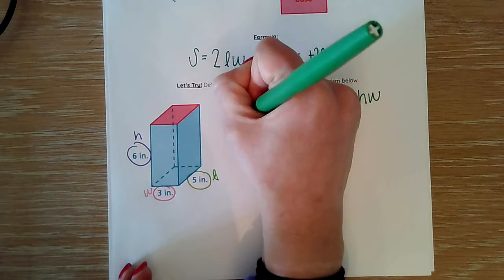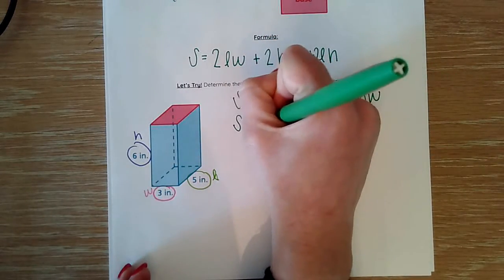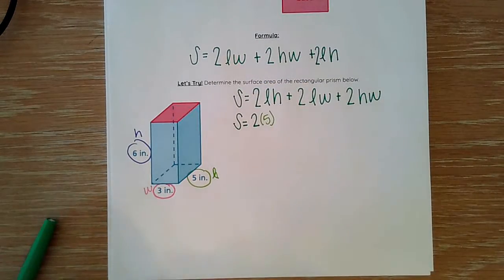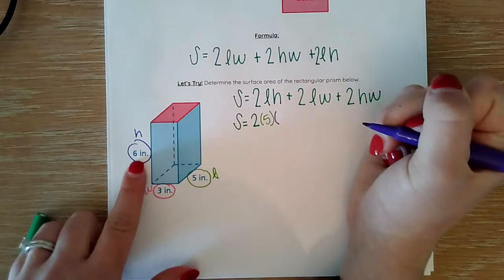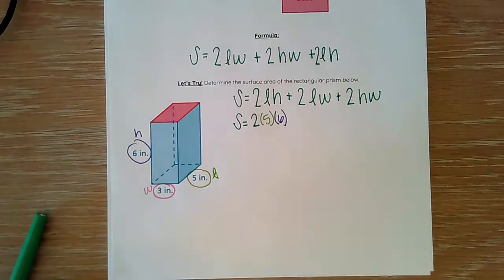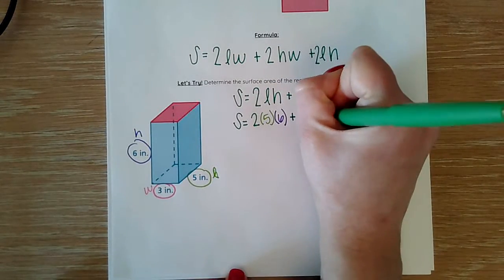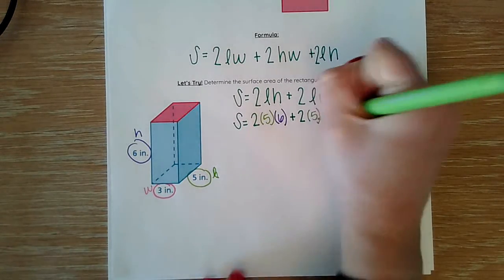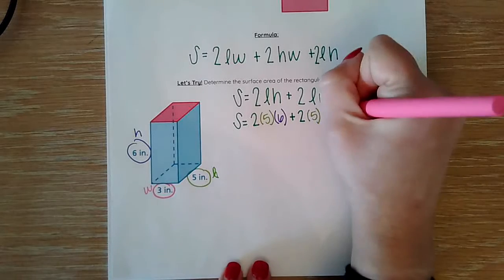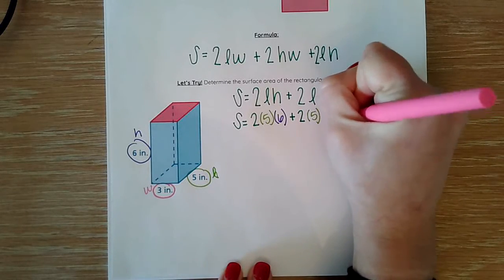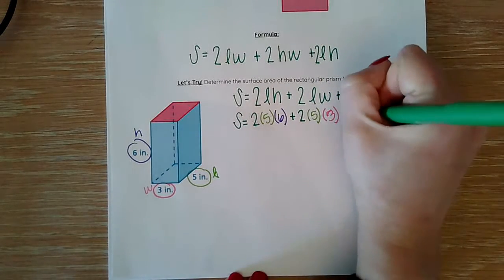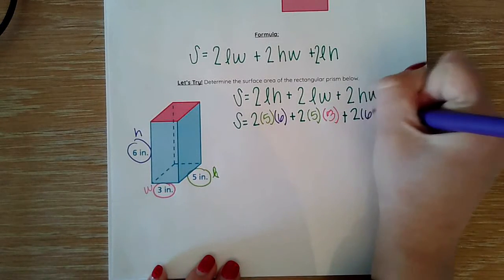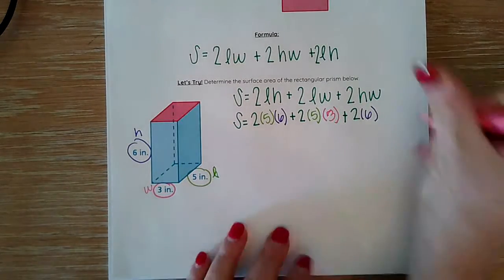We substitute everything in. Okay, so 2 times my length, which is 5, times my height, which is 6. I add that to 2 times my length times my width, add that to 2 times my height times my width.